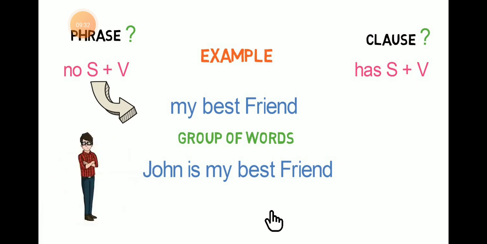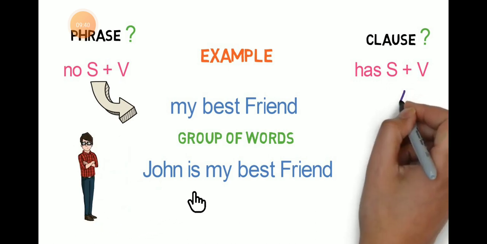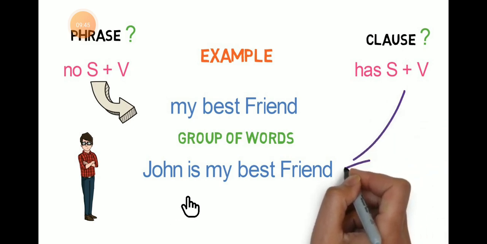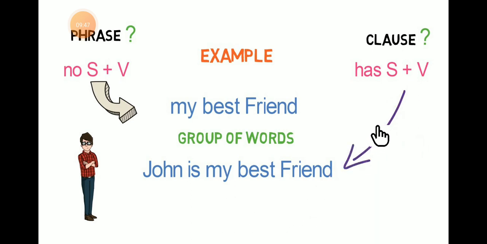Let's say here John is a boy. John is the name of a person, a subject, and here comes the helping verb. Both help to form a meaningful sentence: John is my best friend.